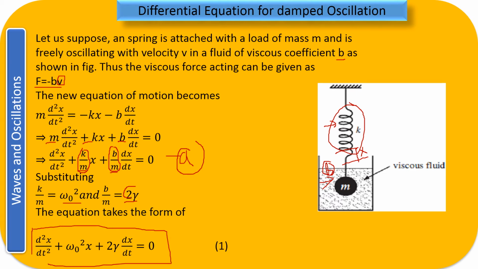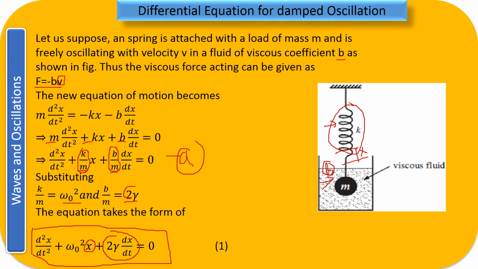So what is the difference? Only one term has been added. What has been added? 2 gamma dx/dt, where 2 gamma is nothing but b/m. This term has been added in this, so naturally the solution will also change. So now I am going to solve this equation.